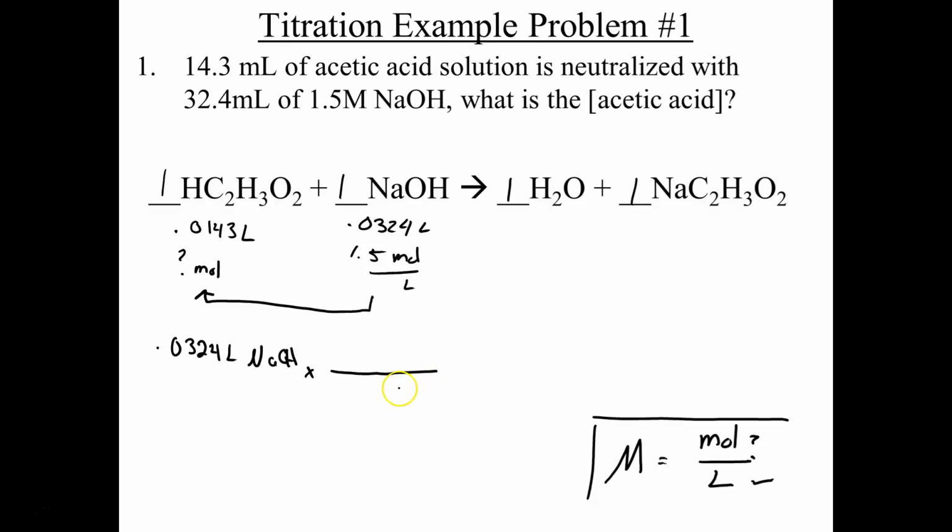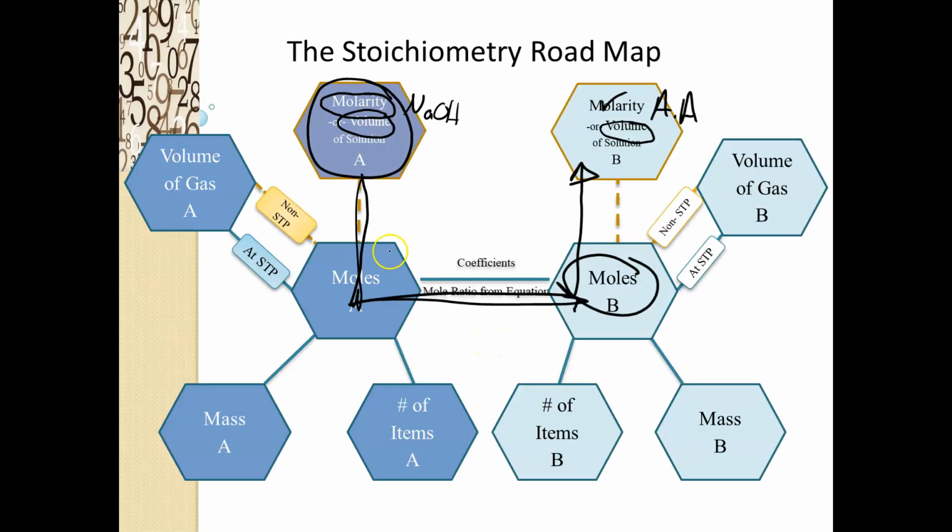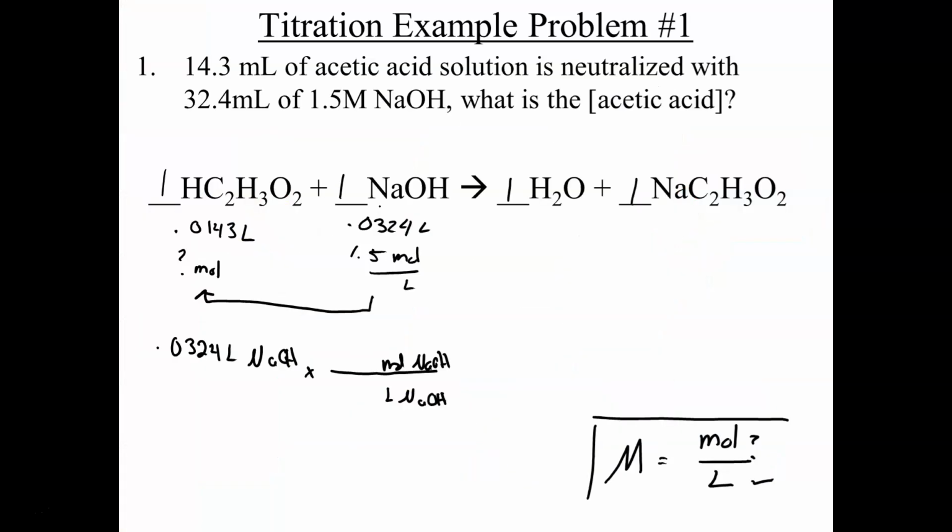Factor label, I'm going to cancel out liters of NaOH and go to moles, just like I have here. Now I need to cancel out moles of NaOH and go into moles of acetic acid, and then I can figure out what my molarity is very easily.